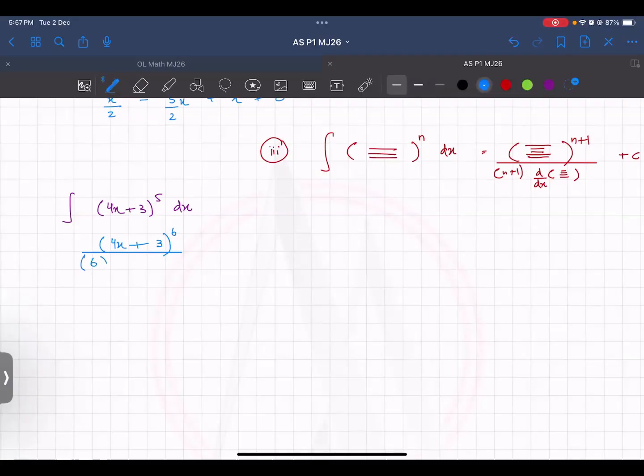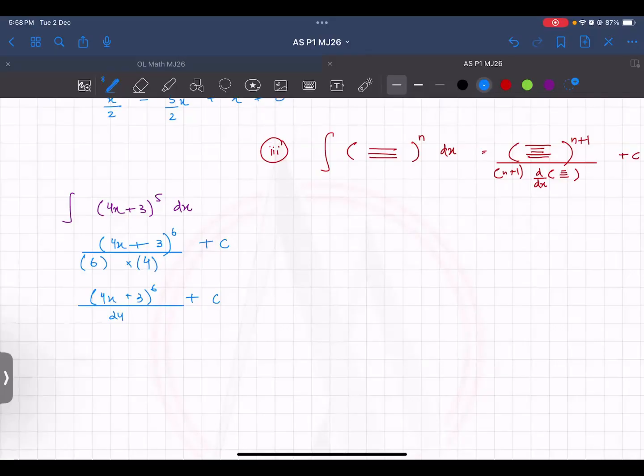And now the derivative of the inside of the bracket, the derivative of 4x plus 3, is simply 4. That also comes in the denominator. And then plus c. This is your answer. If you want to simplify, (4x plus 3) to the power 6 upon 24 plus c.